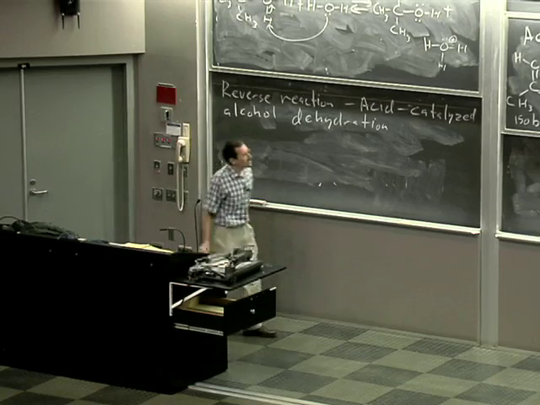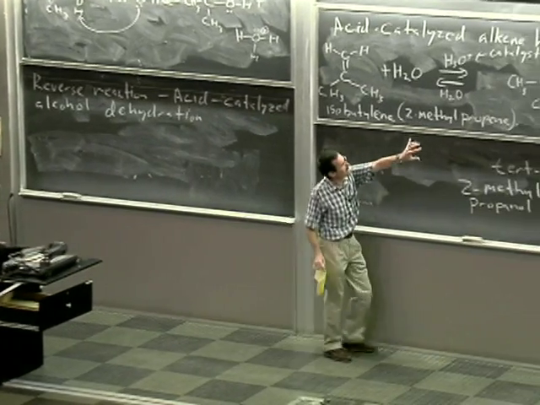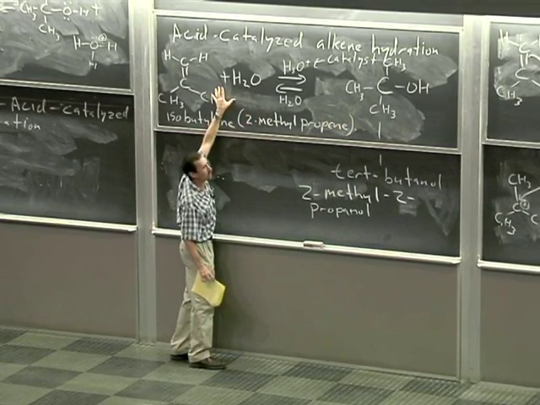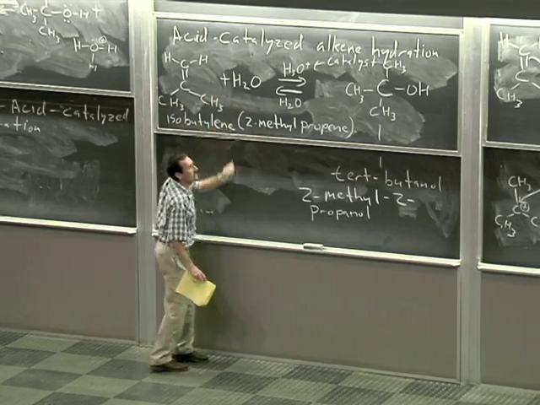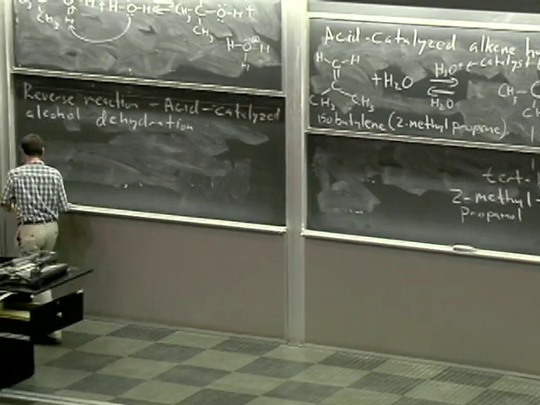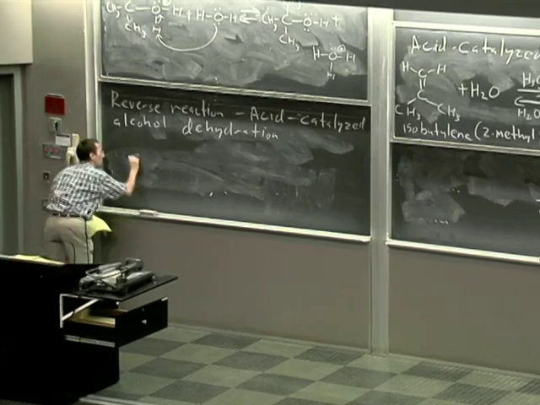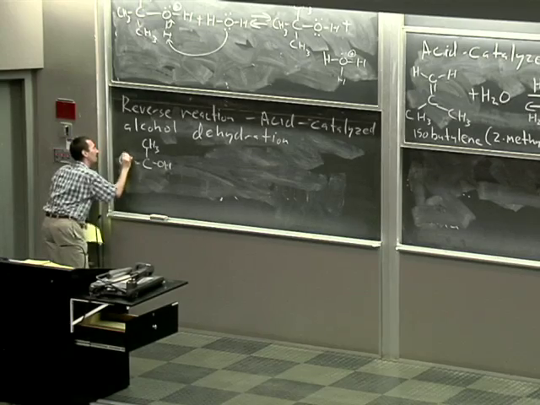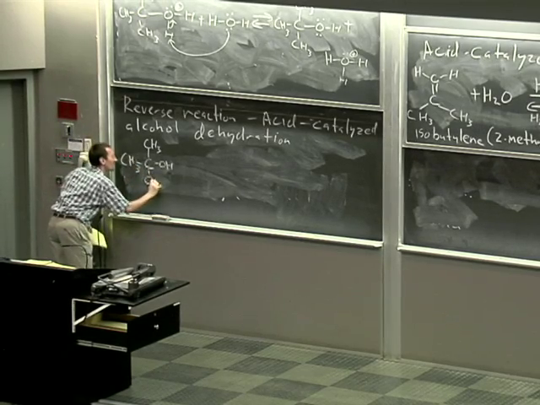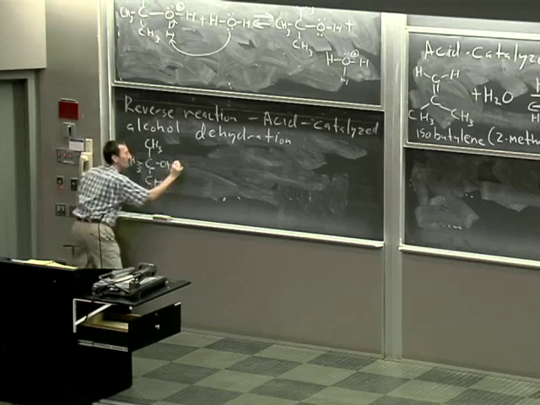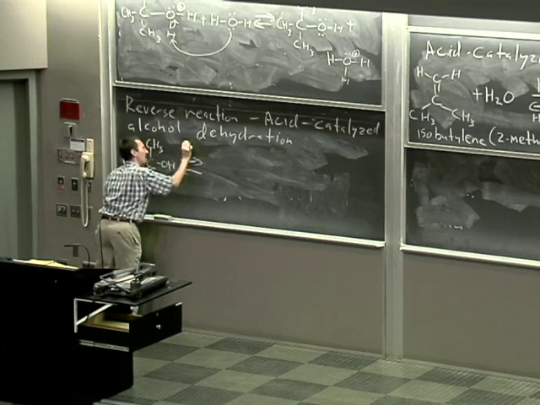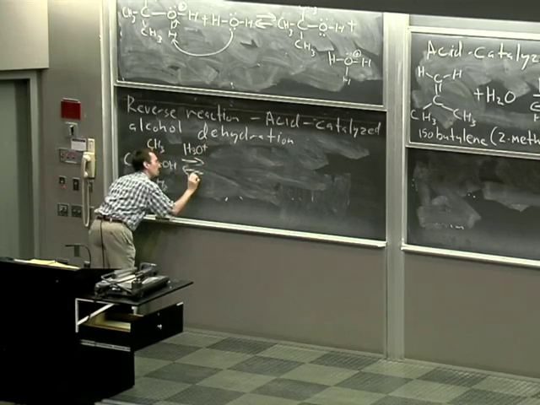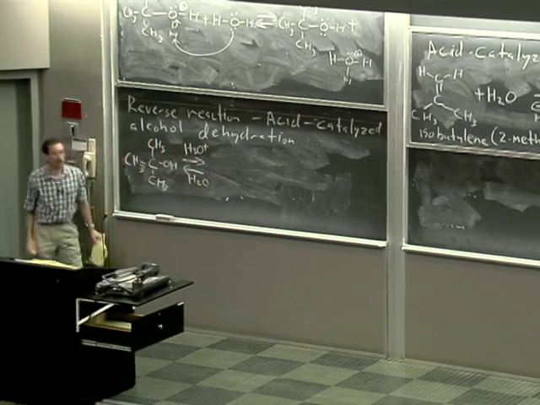The overall equation, all I'm going to do is take what's on the right of this arrow and bring it to the left, and take what's on the left of this arrow and bring it to the right. In other words, I'll take my tert-butanol on the left. I'll show my catalyst, H3O+, my solvent, water.